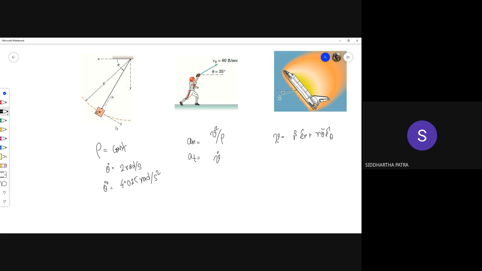But as you can see, r dot is 0. So the magnitude v, the speed, is r times theta dot, which is 4 feet and 2 radian per second, so 8 feet per second.